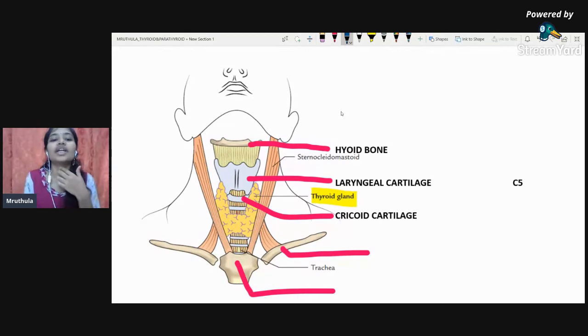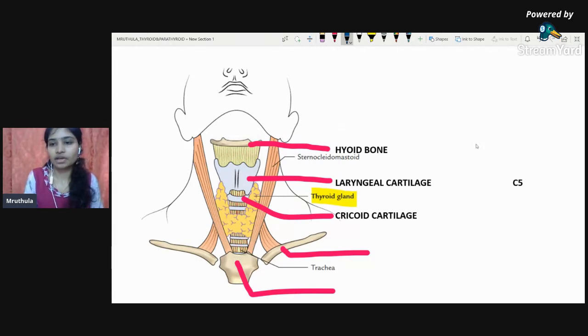So we need to count the tracheal rings. We need to palpate the laryngeal cartilage. The highly resonating part in the throat when you speak is the laryngeal cartilage. Down from the hyoid bone there is a highly resonating region, and below that the thyroid gland is located, and of course it is above the collarbone.